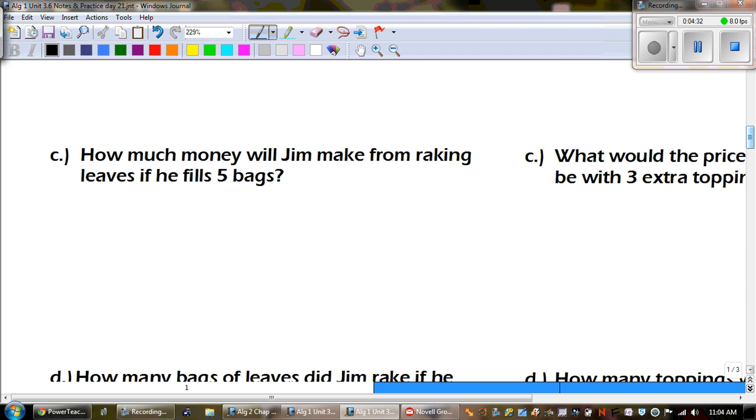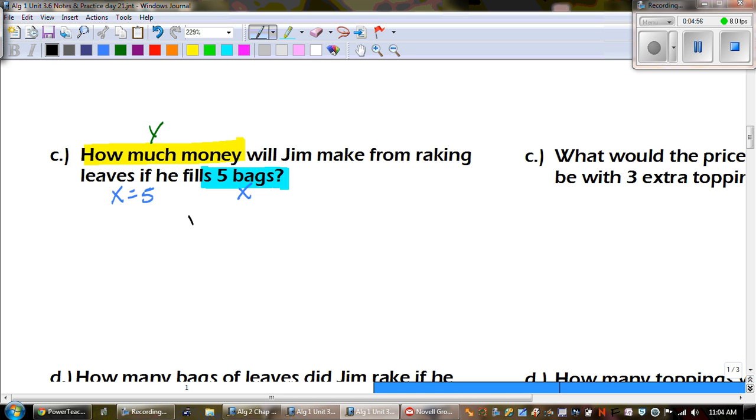All right, how much money will Jim make from raking leaves if he fills 5 bags? So, how much money? And then they say 5 bags. Remember, the cost, the money, that's our y, and then the bags was our x. So we know that x equals 5.